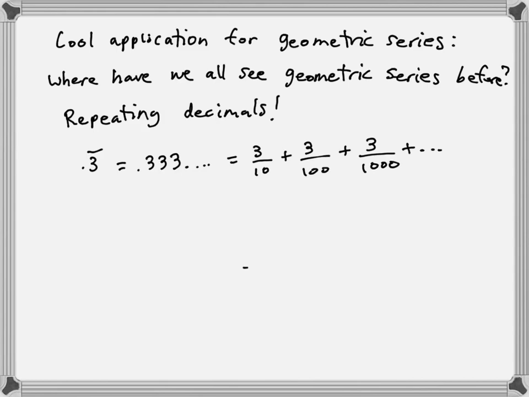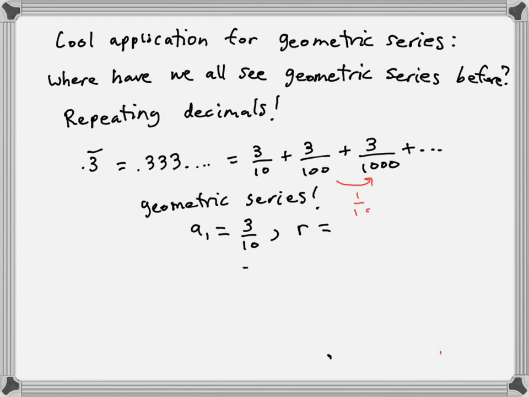And you could see that this is the pattern, and so this is really a geometric series. a1 is 3/10, and r is equal to, what do we multiply each term by to get to the next one? 1/10. So r is equal to 1/10. The absolute value of r is 1/10, which is less than 1.